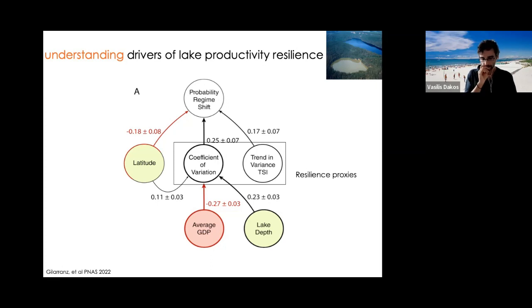But again, as I said, this was a 10-year record with a lot of gaps, I have to admit. Nonetheless, it gives a roadmap ahead. I think if we perform this analysis in the future with longer data and perhaps focusing on different subsets of lakes, we can improve that capacity of detecting probabilities of regime shifts.